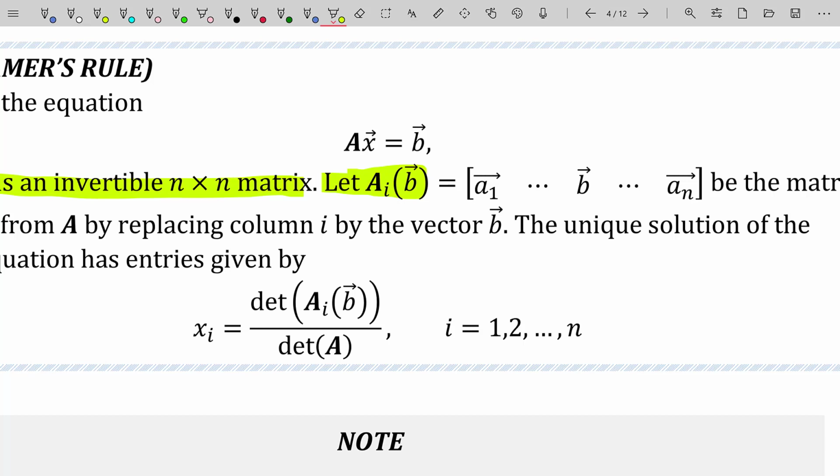Now there are a lot of different notations for this matrix. When I learned it, it was called D sub X, D sub Y and D sub Z, and it still might be called that in your textbook.